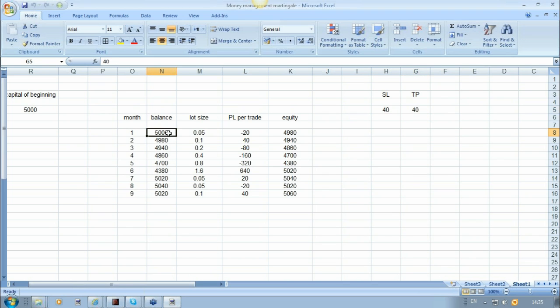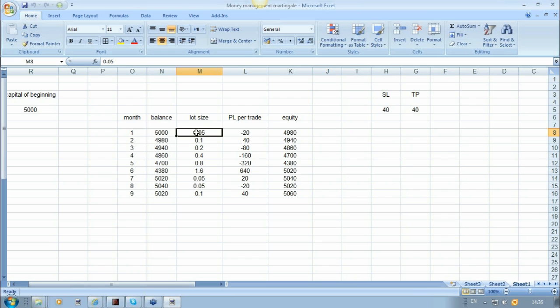I start with a balance of 5K, and my first trade is without leverage, 1-to-1, a 5,000 amount. If it's euro dollar, then 5,000 euro. If it's British pound dollar, 5,000 British pound. This is the exact 1-to-1 ratio between the balance and the lot size without any leverage.